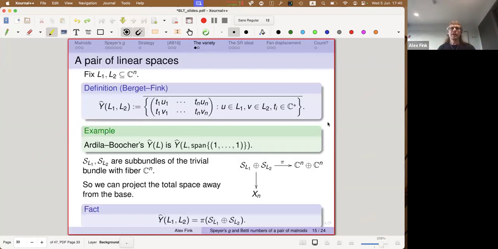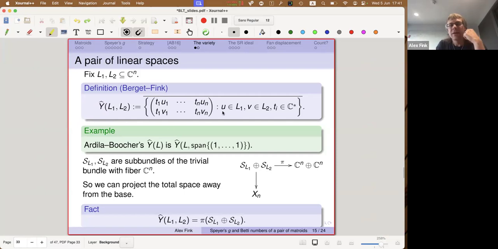In terms of the vector bundles, what we're doing is taking the direct sum of 2 tautological subbundles, because these U's and V's are elements of fibers or stalks of these tautological subbundles, and then projecting away from the base, meaning taking any point in the big torus in Xn, these are our T's, or it turns out Xn has the right combinatorics to compactify this thing.